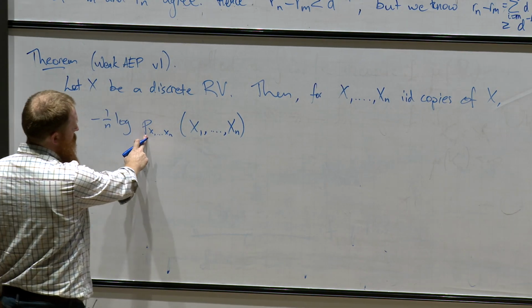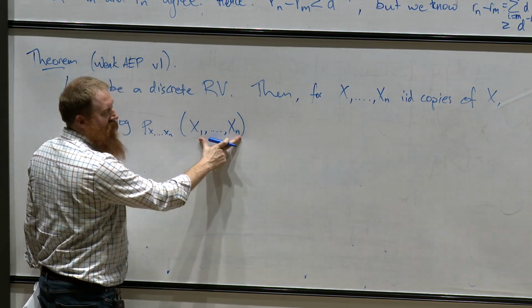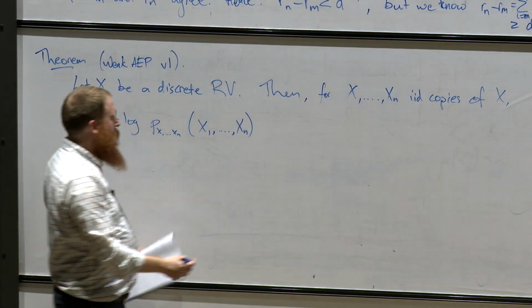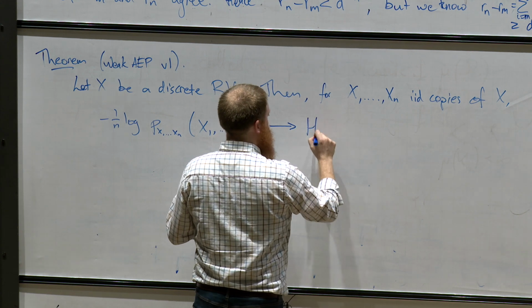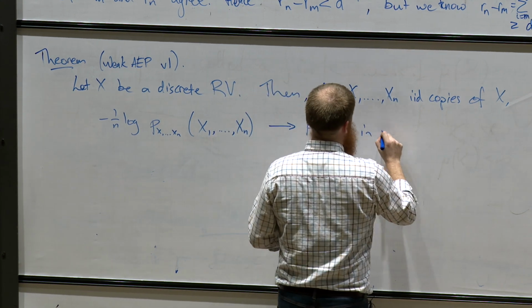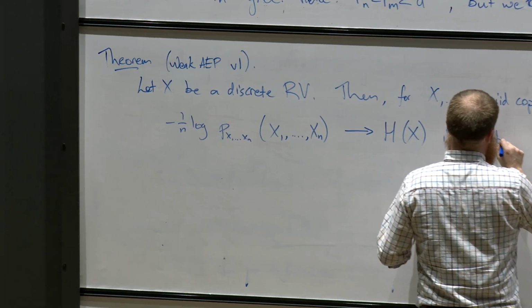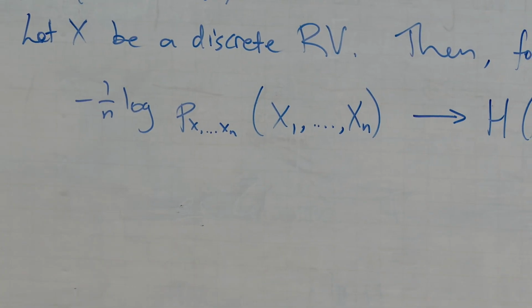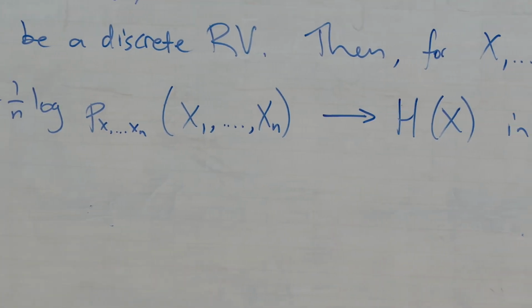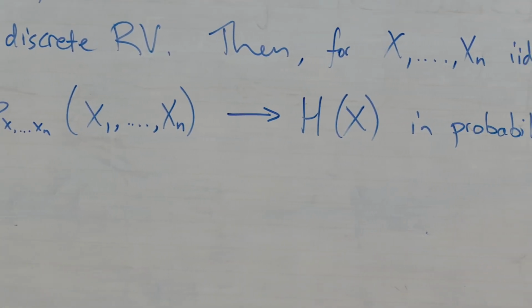So this is the probability that I observed the particular sequence that I did observe. This probability converges to H(X) in probability as n goes to infinity. Everyone happy with convergence in probability? You should have seen it last year.